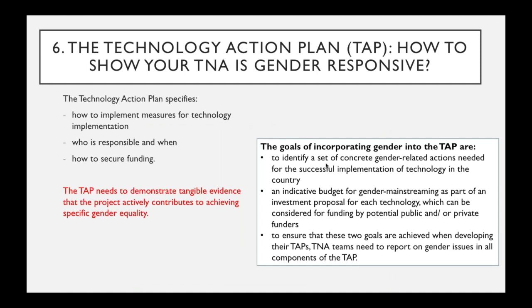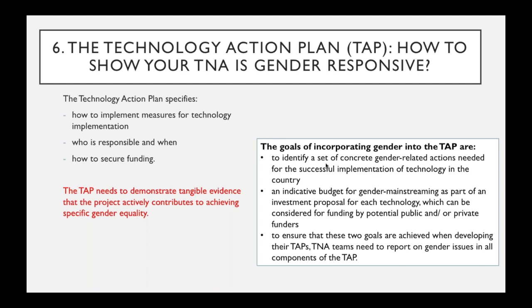And then the final, and definitely not the easiest step of the TNA, is the technology action plan. So how do you bring all of the previous steps and all the previous activities together to develop a plan that is gender responsive, is fundable, and will help address climate change?